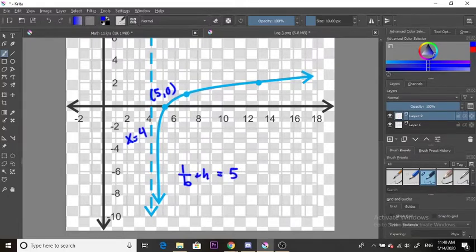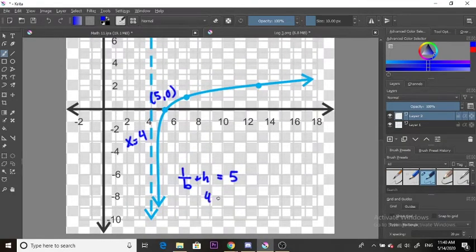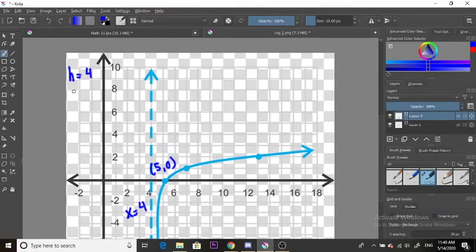Now, my h is positive 4, so I have 4 there, and then 1/b. So when I bring this over and I isolate for my b, I would find that my b is equal to 1. So b is equal to 1 up here.